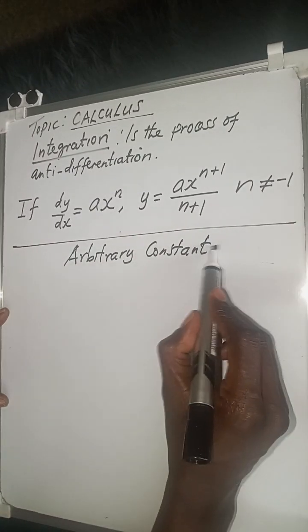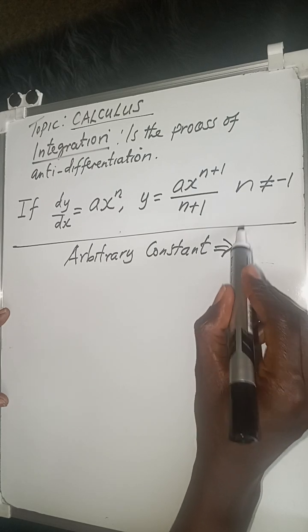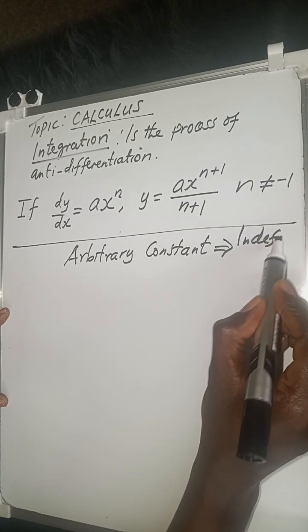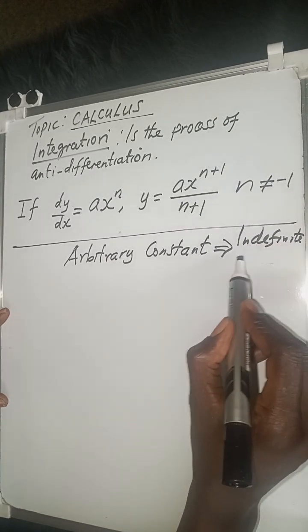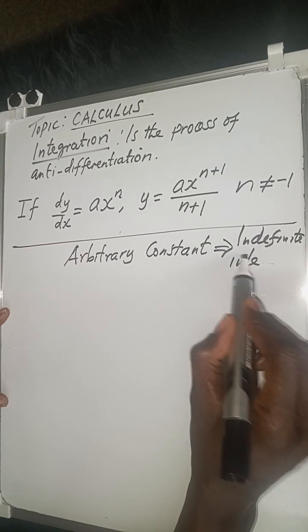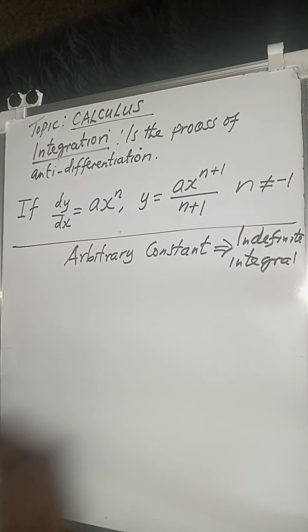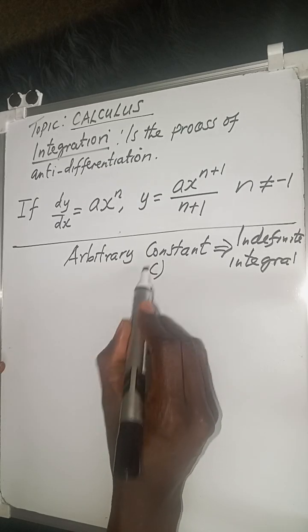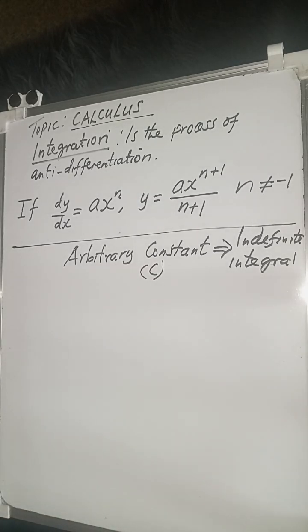And when we have an arbitrary constant, we call it an indefinite integral. So when you add an arbitrary constant, we are going to be using C for it. So that will give you what we are calling an indefinite integral. So that is what we mean.